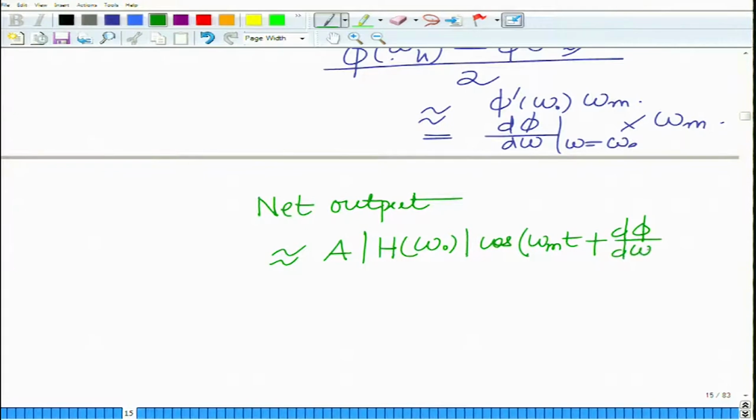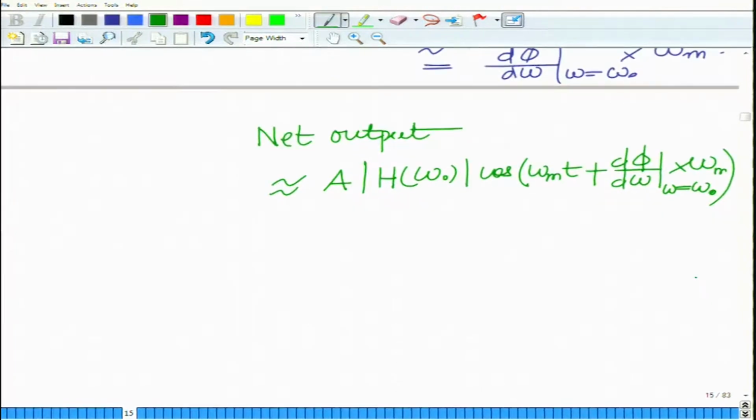that is, we have seen d phi by d omega at omega equal to omega naught into omega m, okay, times you have something interesting, that is cosine omega c t plus phi of omega naught, that is omega h plus omega l by 2.